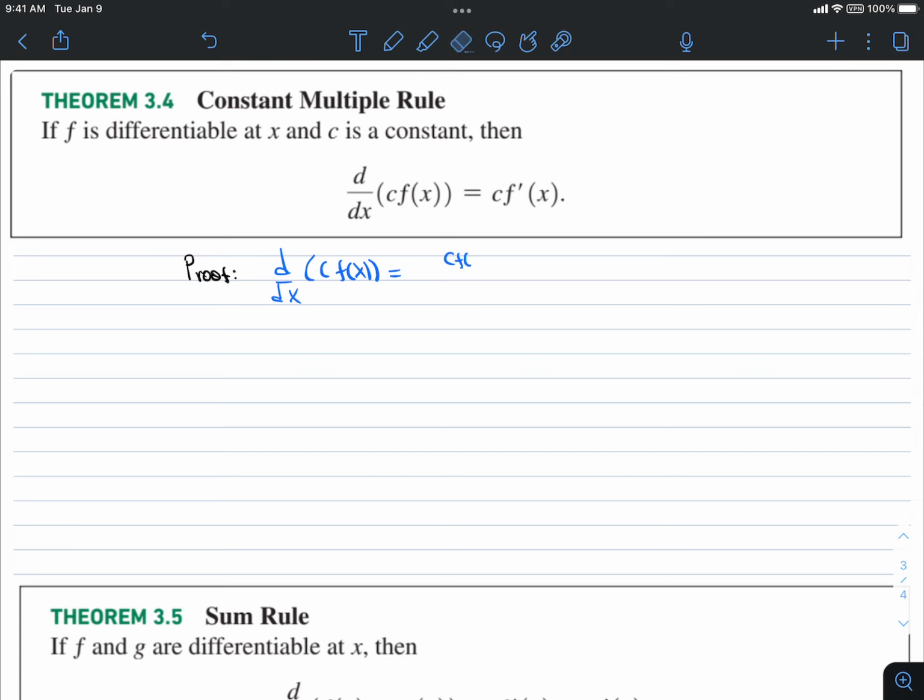So the idea here is that we're defining a new function, say g of x equal to c f of x, and then we're calculating the derivative g prime of x as the limit of g of x plus h minus g of x over h when h goes to 0. So that's one way to do that.